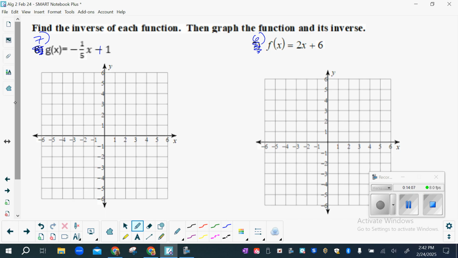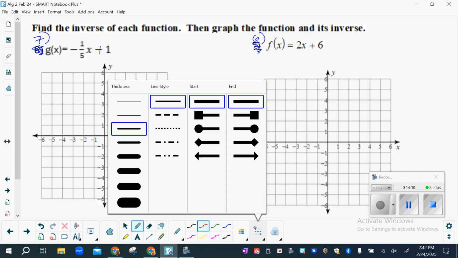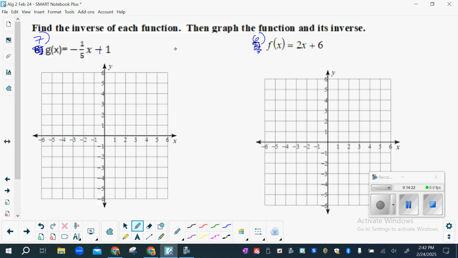Okay, so with my first step, I want to graph them. So let's go ahead and graph that equation. How do we graph that? This group here, tell me how to graph that. I see a 6 here and I see a 6 here. So the y-axis, yeah? Okay. And then what next?